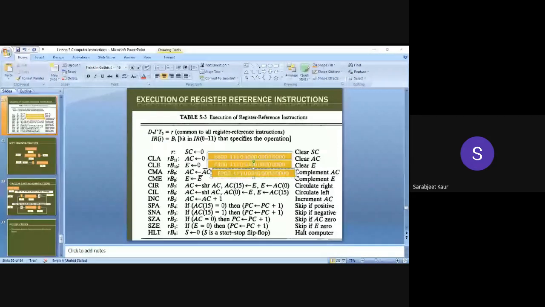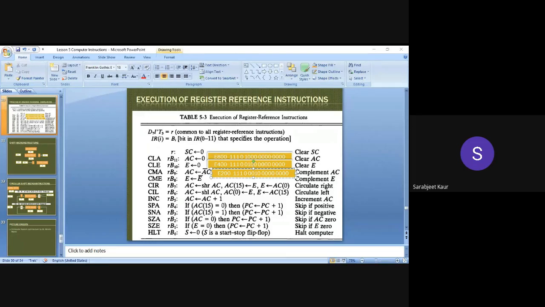Let me first complete the other instructions. The next is increment. Increment simply increments the contents of AC by 1. Whatever are the contents of AC, suppose they are 0 earlier, then they will become 1. If the value of AC is 1, then it will become 2, and so on and so forth.